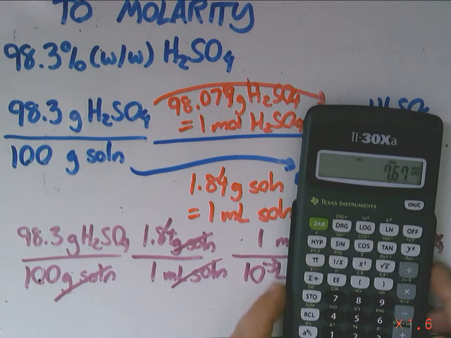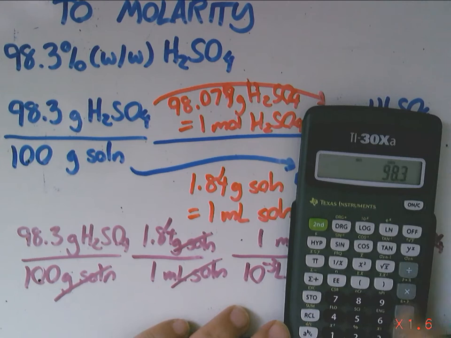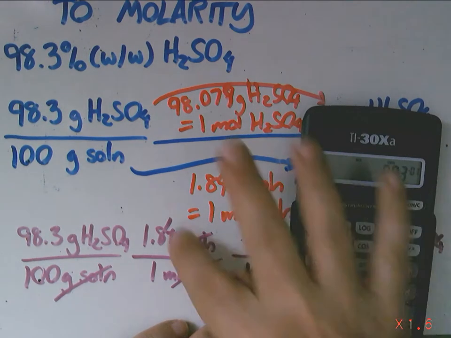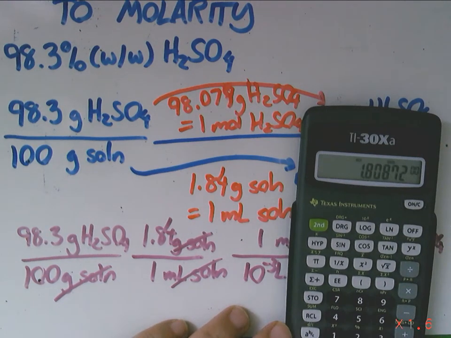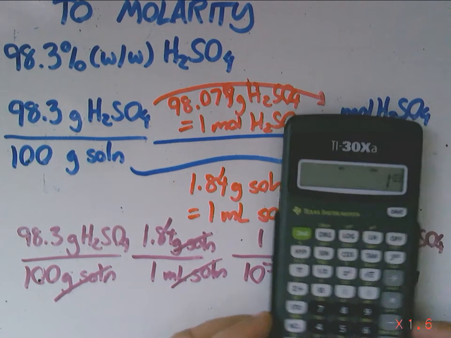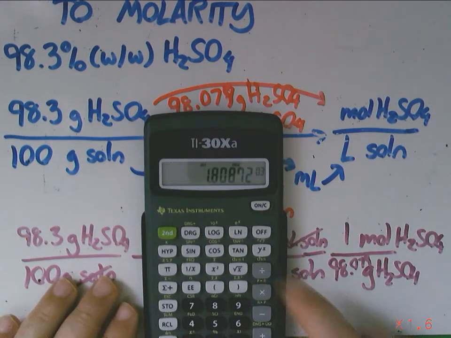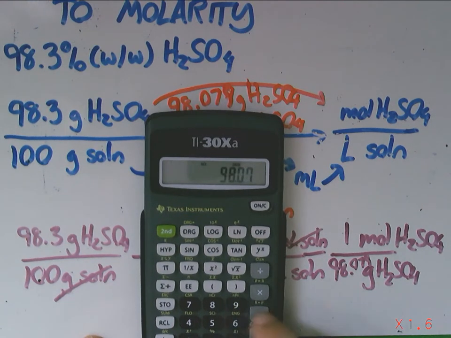I got 98.3 divided by 100 times 1.84 on top, divided by 10 to the minus 3, divided by 98.079.